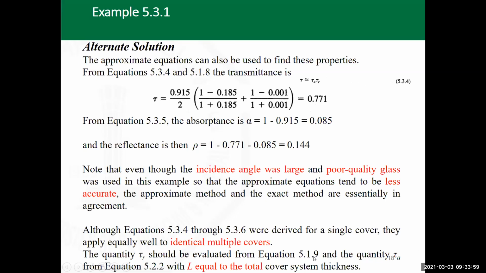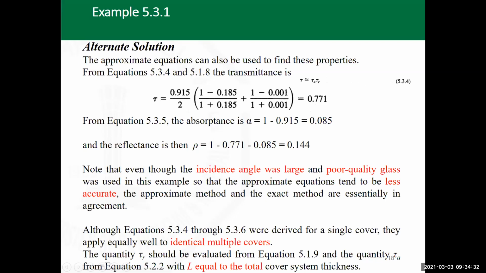Equations 5.34 to 5.46 that we have covered earlier, which are using the approximations, are being given or derived for a single cover. They can apply equally to multiple covers as well. And the quantity of tau R should be evaluated from equation 5.19 and tau A from equation 5.22, where L is equal to the total length of the different layers.